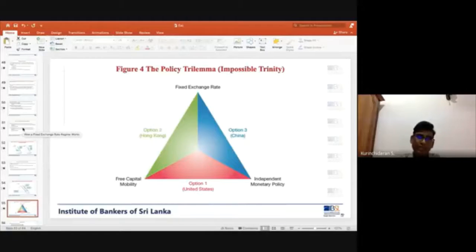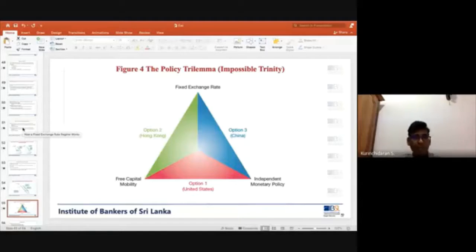So let's assume independent monetary policy means that whenever they want to stimulate the economy, or in a recession or whatever the situation, the monetary policy should be able to take decisions independently.